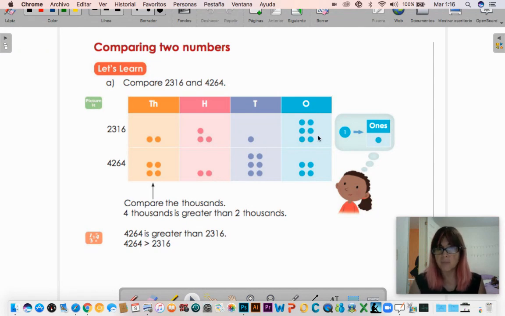That means on each place we can have until 9. If we get more than 9, thanks to Zero the Hero, we make groups, remember? And then we learn to write numbers in word form or to put them in expanded form. You have learned so much about numbers.